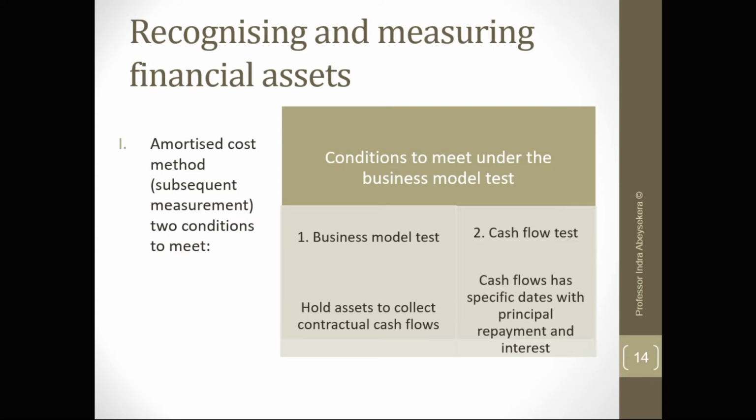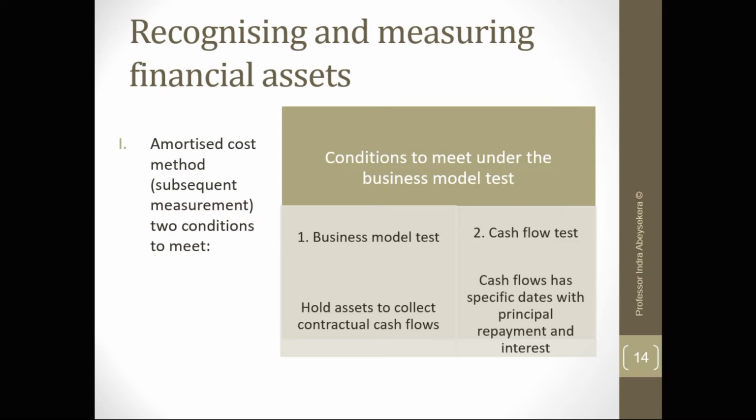So when we want to use the amortized cost method, which is the first one we looked at for the subsequent measurement, there are two conditions that must be met. We talked about the business model test and the cash flows. First is that the asset is held to collect contractual cash flows.